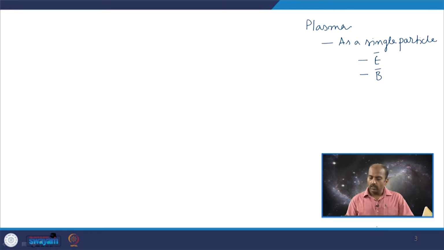We considered the field to be in a particular direction, and a particle such as an electron or ion experiencing these fields. What we realized is that in both these pictures, the net amount of work done, that is the change in kinetic energy or total energy, was 0.